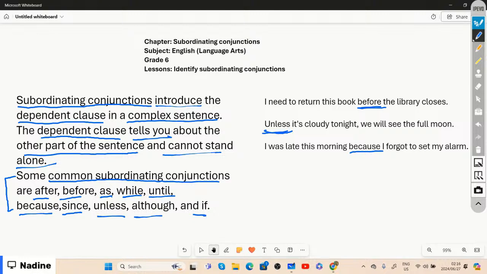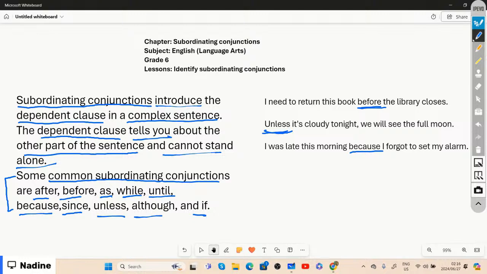But independent means that you stand on your own, you do things on your own. And that is also how we can portray that within a sentence. Independent sentences can stand on their own, whereas dependent sentences or clauses cannot stand on their own. So they need the assistance and the help of the independent clause.